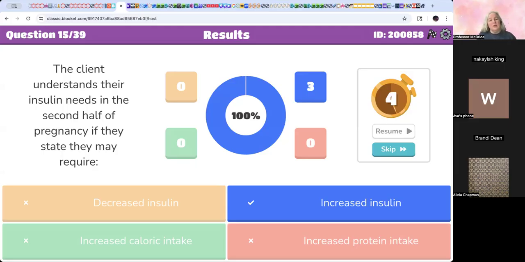Okay, so she is increasing her caloric intake. That's true. The other thing that's really happening here is that her body becomes more and more insulin resistant as the pregnancy progresses. That's actually true for every pregnant woman. Every pregnant woman develops some level of insulin resistance because that's a normal thing the body does. It's one of the hormones that the placenta releases to have extra glucose to grow a baby.